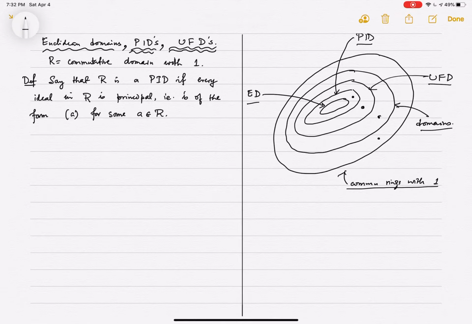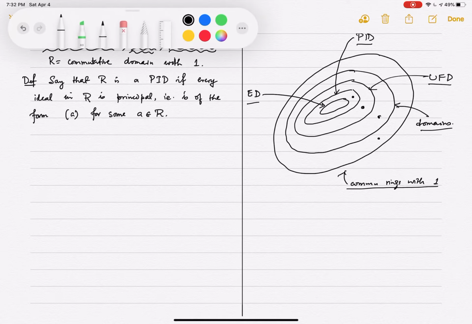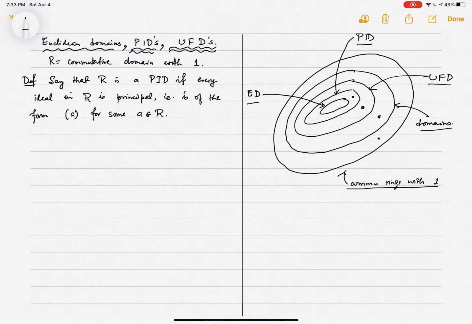We say that R is a PID if every ideal in R is principal, meaning it has the form (a) for some a in R, meaning all multiples of a single element a. Okay, and we have some examples that we have seen already. The prime examples are Z and F[x], where F is a field.